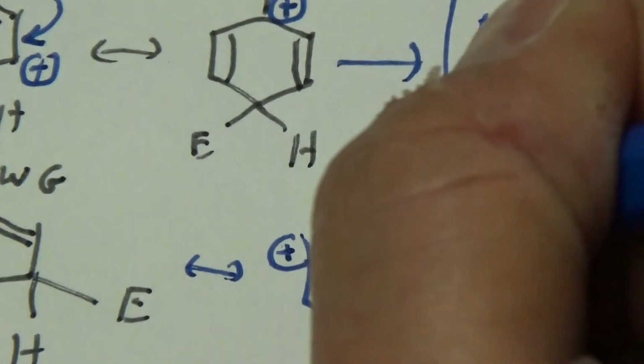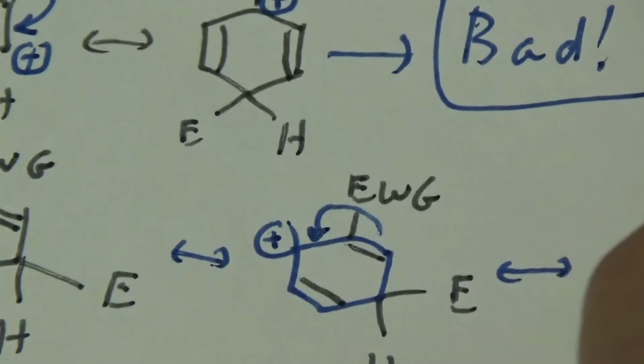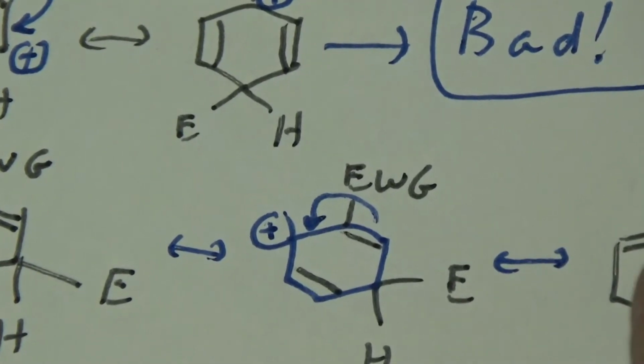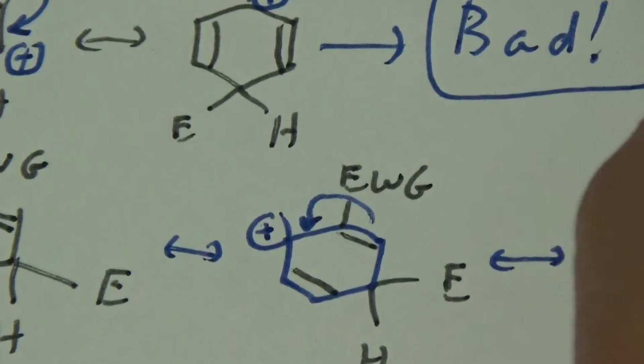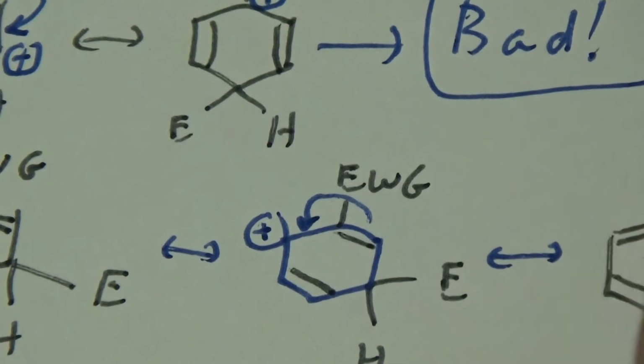So now I resonate again, and we push the plus charge to the other side. Electron withdrawing group, double bond, HE.